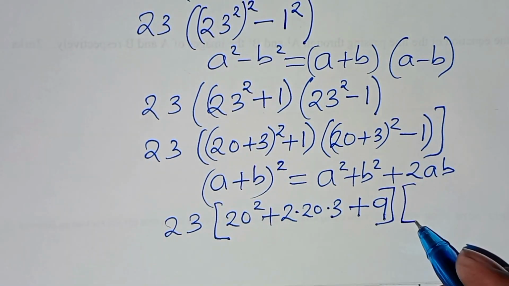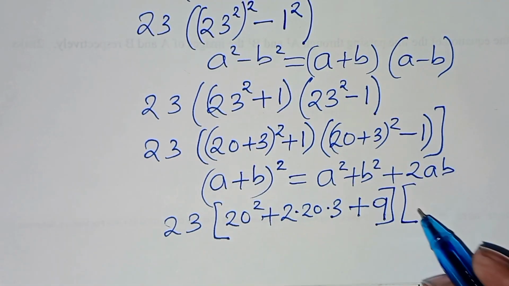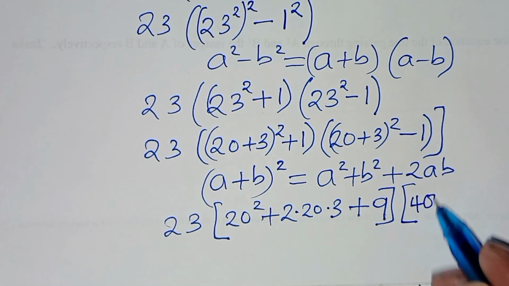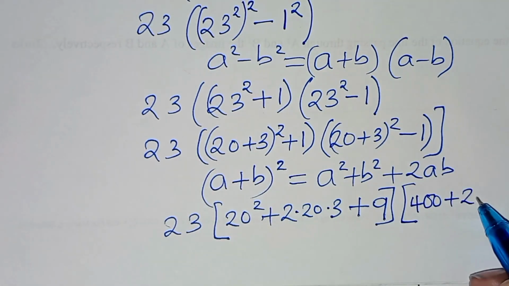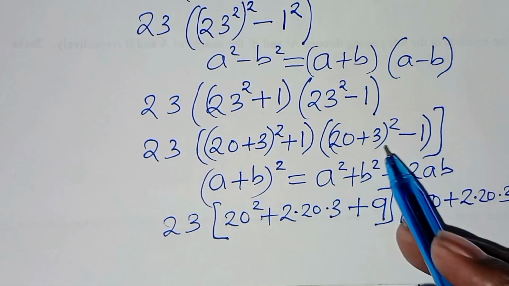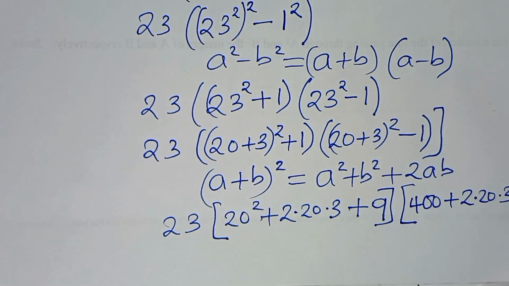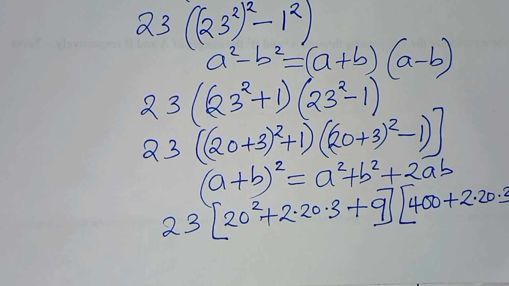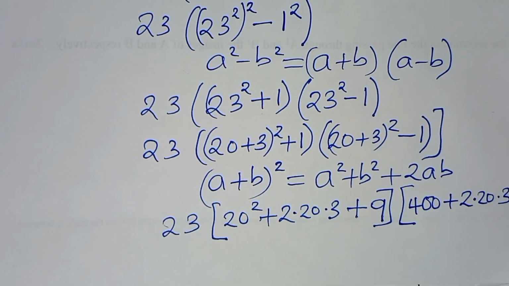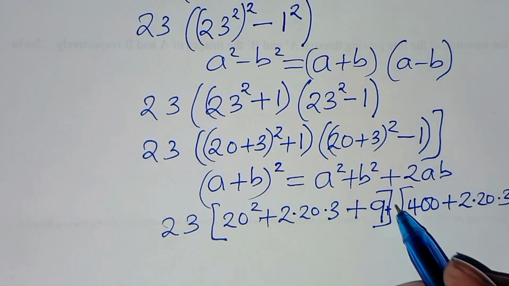Then in the second set, we have 20 squared, which is 400, plus 2 times 20 times 3 plus 3 squared, which is equal to 9. Subtract 1. So here we also have to add 1.